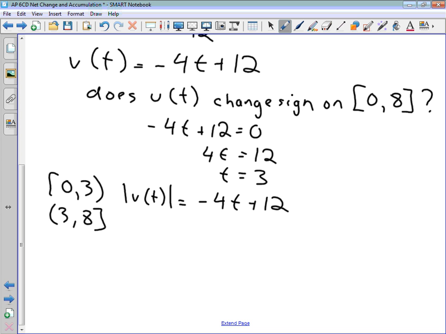So the absolute value is just going to be the original function, because we know it has positive values on that interval. So it's positive from 0 to 3. On the interval from 3 to 8, if we want the absolute value, we need to change this to the opposite. We want the negative of that function. Okay.